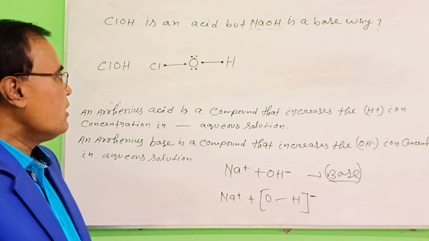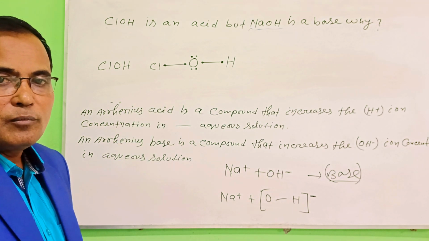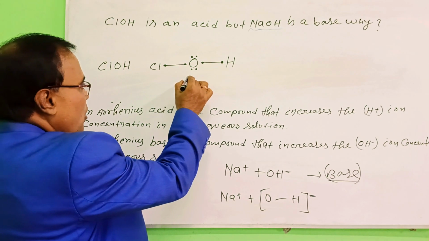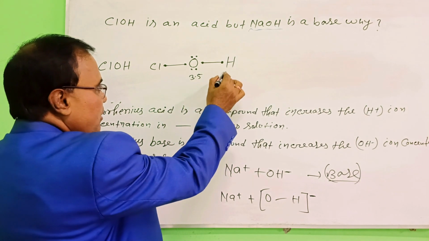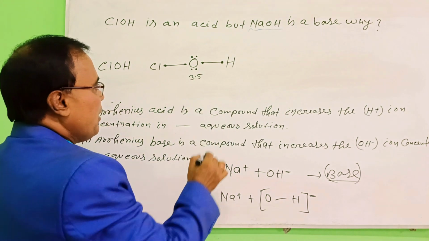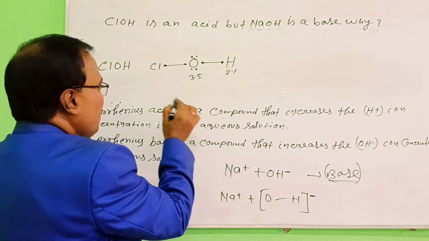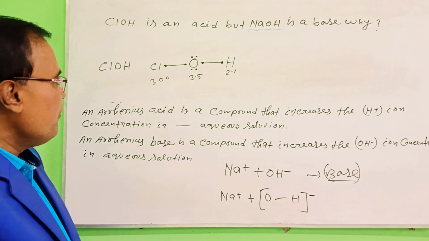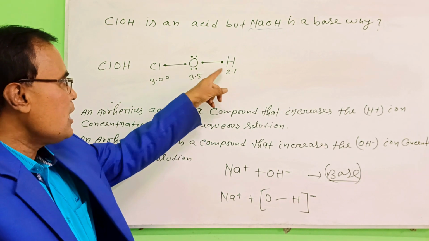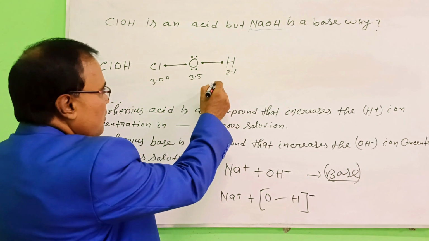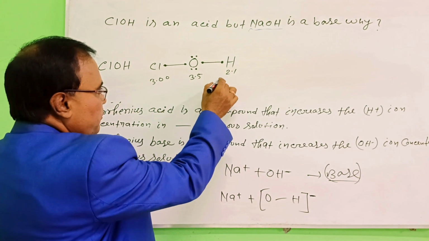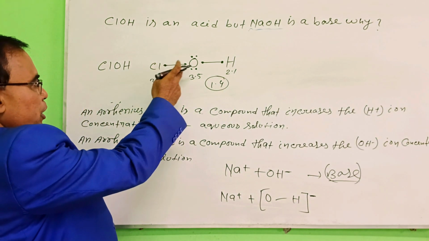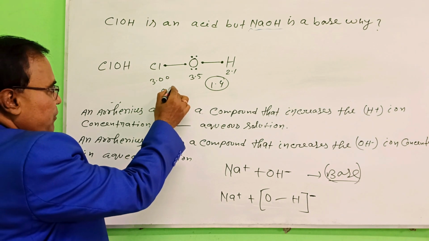Now we have to look at electronegativity on the Pauling scale. The electronegativity of oxygen is 3.5, hydrogen is 2.1 and chlorine is 3.0. So the electronegativity difference between oxygen and hydrogen is 1.4, and the difference between oxygen and chlorine is 0.5.